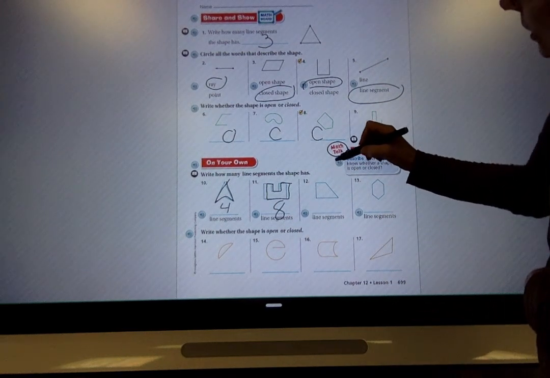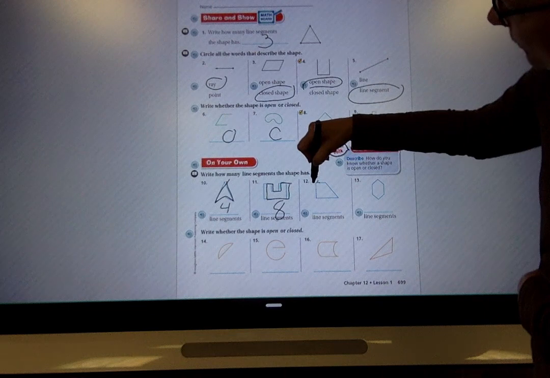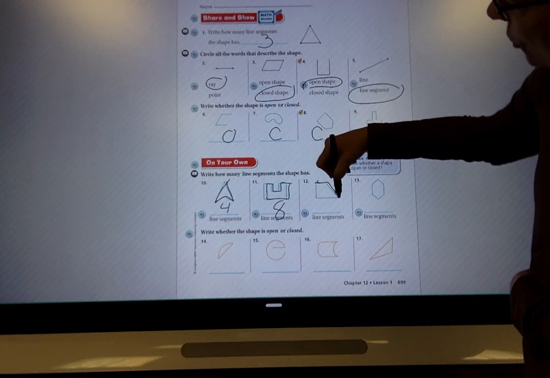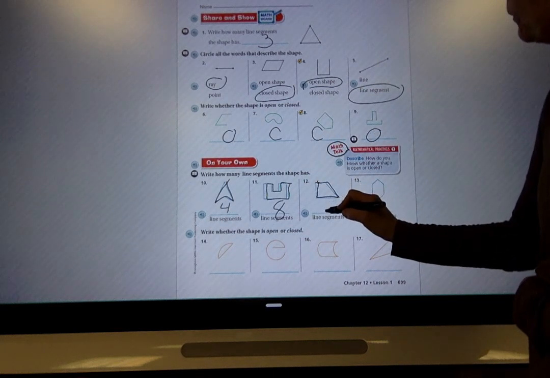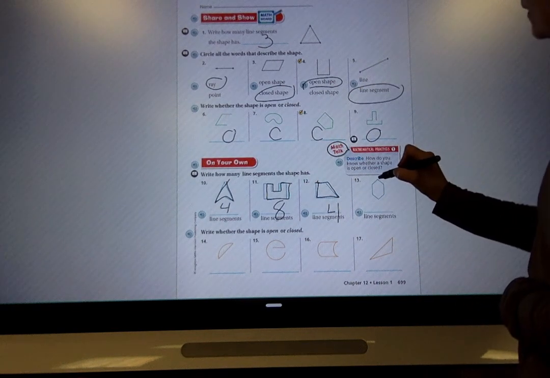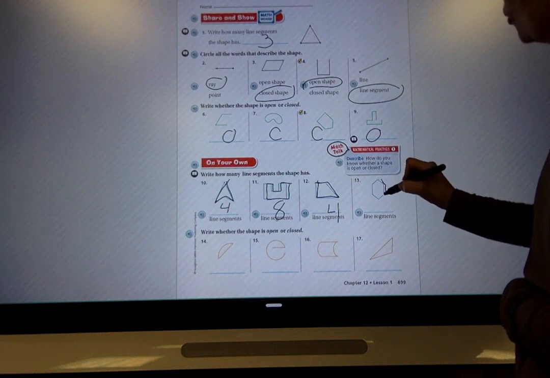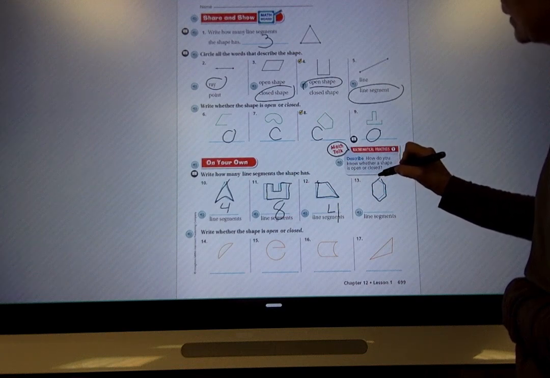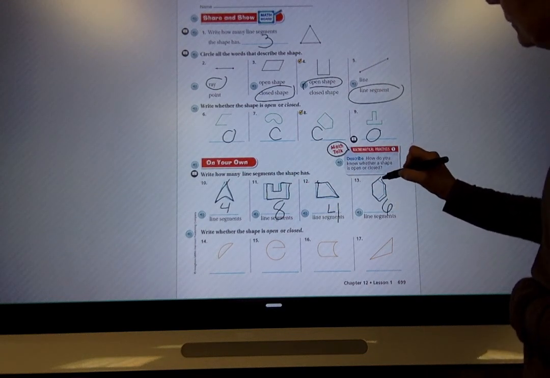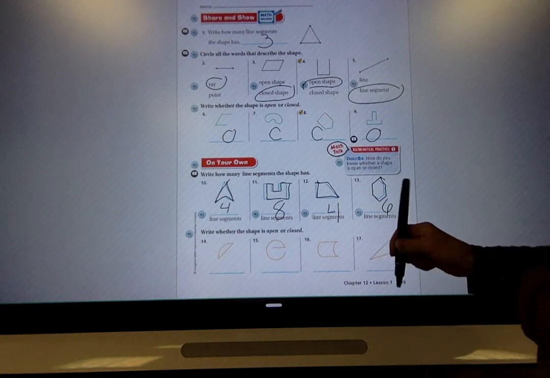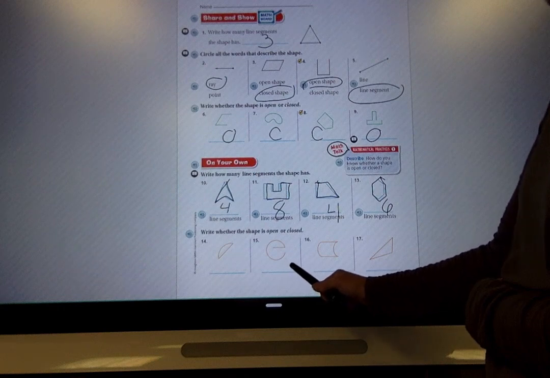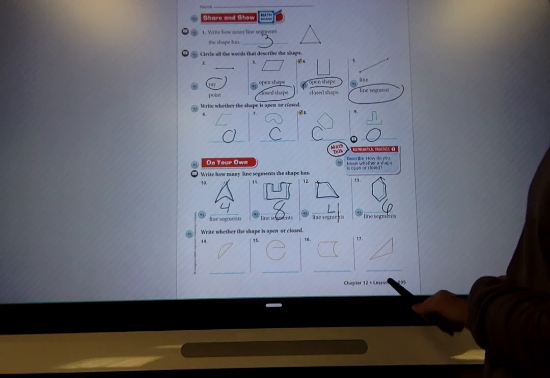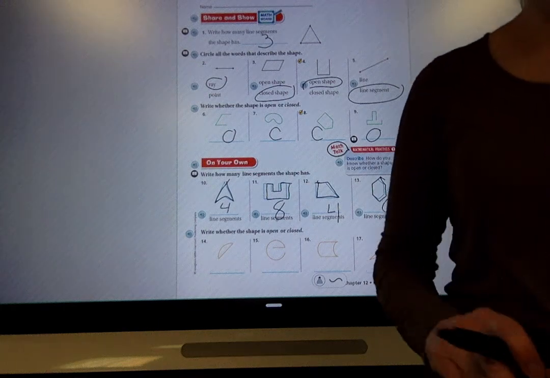Let's try this one. Let's start in this corner, up here. 1, 2, 3, back to where we started, 4. And this one. 1, 2, 3, 4, 5, 6. That should be connected. Now, is this open or closed? Well, you can see that's closed. Open, closed, closed. We're going to go right to our assignment now.